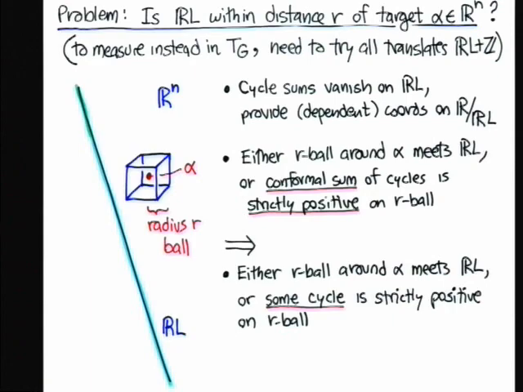Well, it happens that we know what these linear functionals are in this case because RL is defined by the vanishing of the cycle sums. So any linear functional vanishing on RL, the coordinates we want to be using here are just going to be sums of cycles. It's a linear combination of cycle sums.